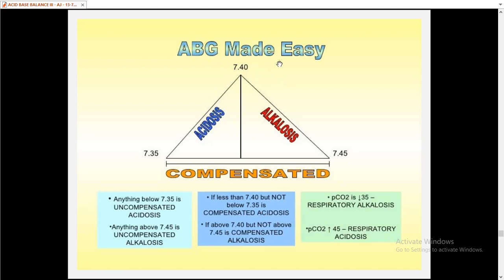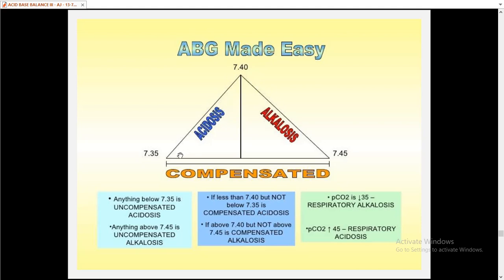ABGs, or arterial blood gas analysis, can be learned by this triangle. The normal pH level is 7.35 to 7.45.